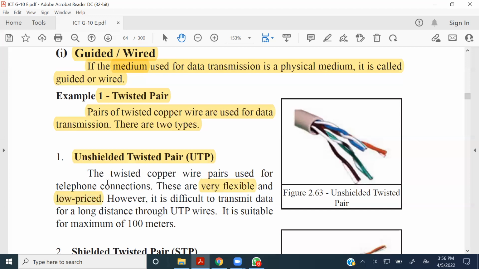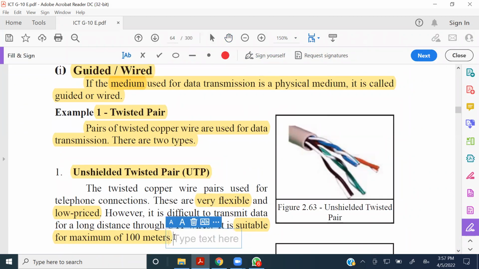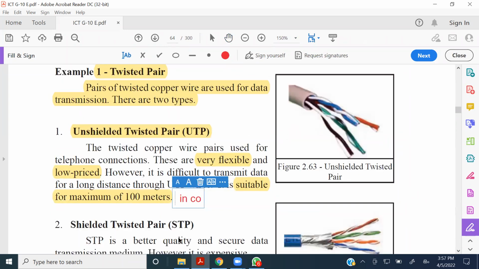Very flexible, lower price, suitable for a maximum of 100 meters in communication.